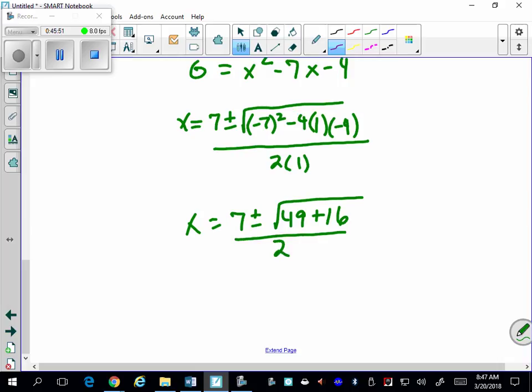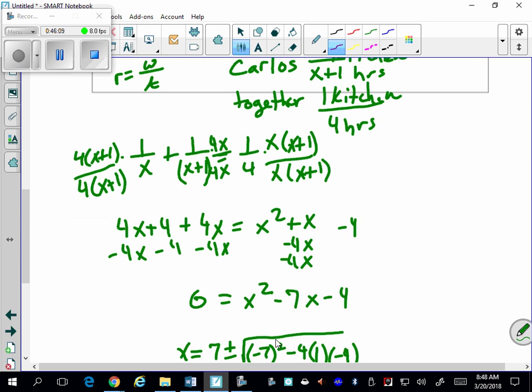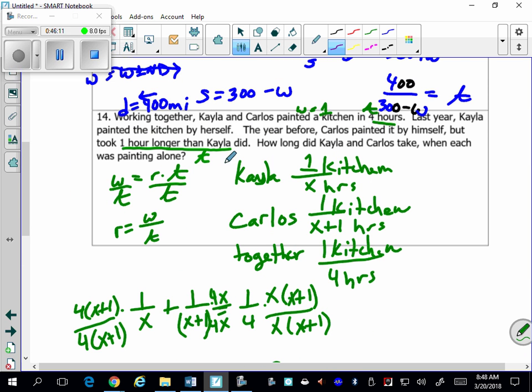But when it comes to real world problems, I don't want an irrational exact answer, because how long did Kayla and Carlos take when they do it separately? Well, this is Kayla's time, and that's a weird looking time. It is exact, but I would want you to actually do this in the calculator to get a decimal, so it's easier for us to see how long Kayla took.